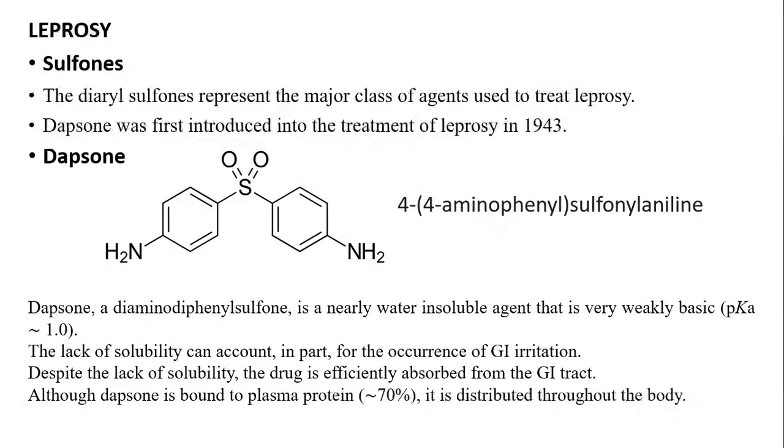Dapsone is bound to plasma protein approximately 70% and is distributed throughout the body. So dapsone is a diamino diphenyl sulfone, a very weak base with pKa approximately 1, and despite its low solubility, it is absorbed from the GI tract.